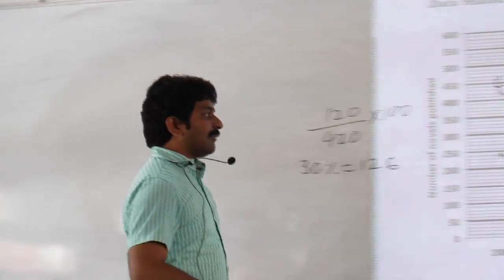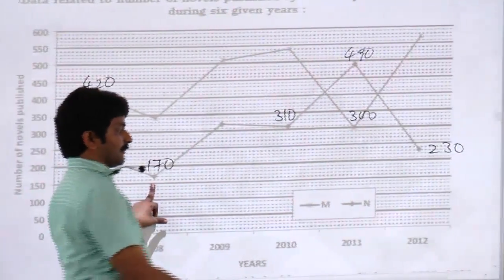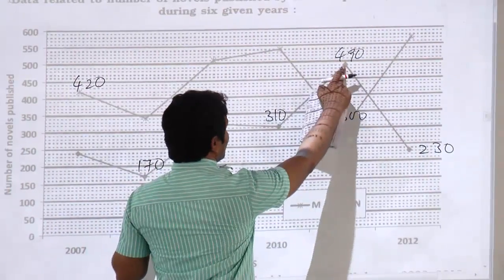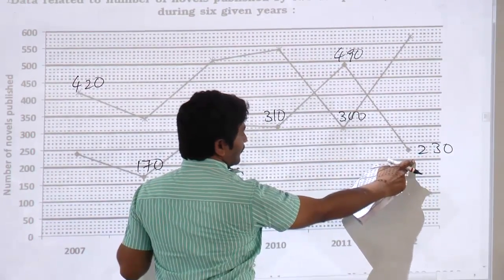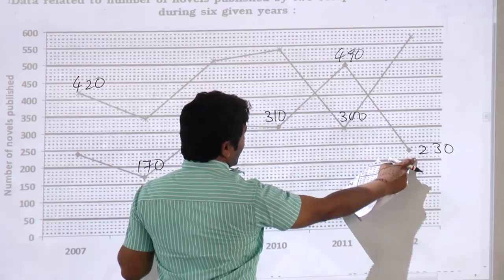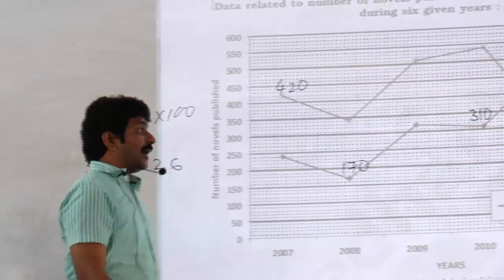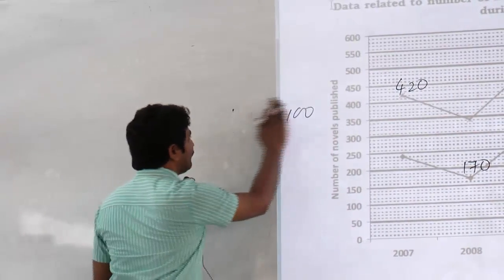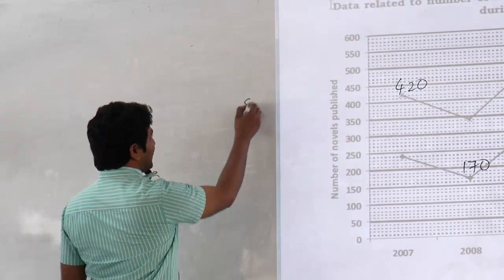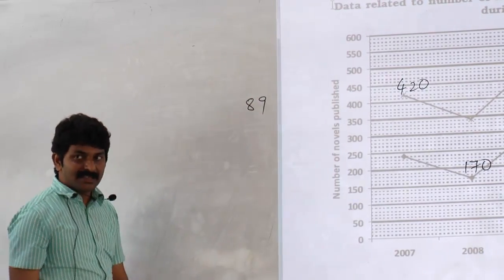Right. 40% of what? 170, 490, 230. 720 plus 170, 890. Out of 890 you need to calculate 40%. 10% is 89.